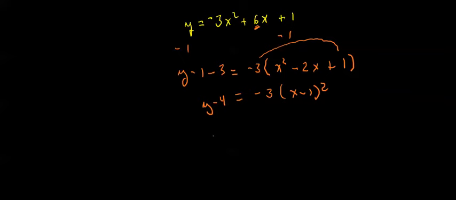Add 4 to both sides, and I get y equals negative 3 times the quantity x minus 1 squared plus 4. And again, based on what we did yesterday, we should be able to graph this now.